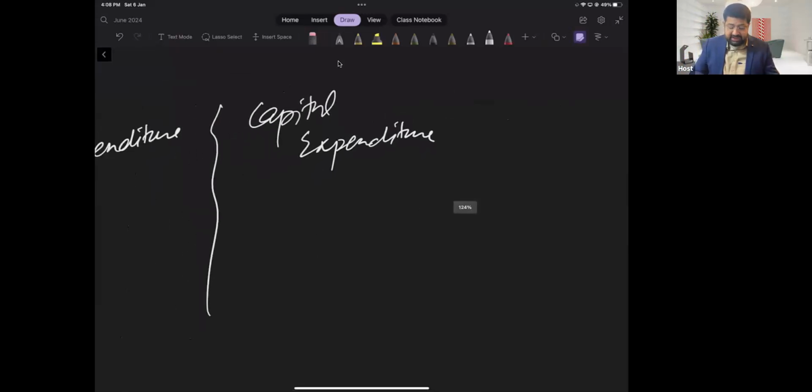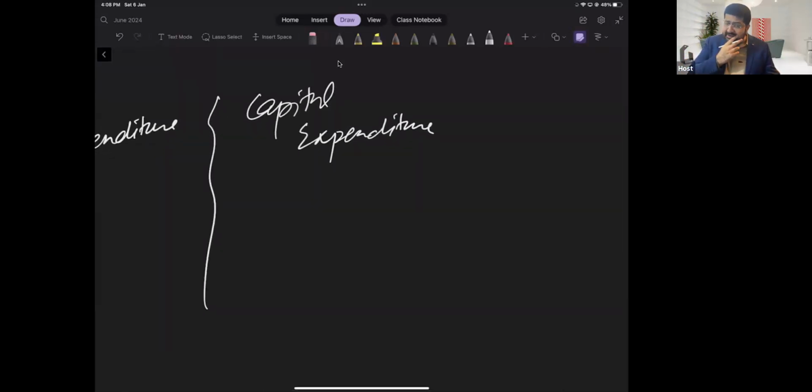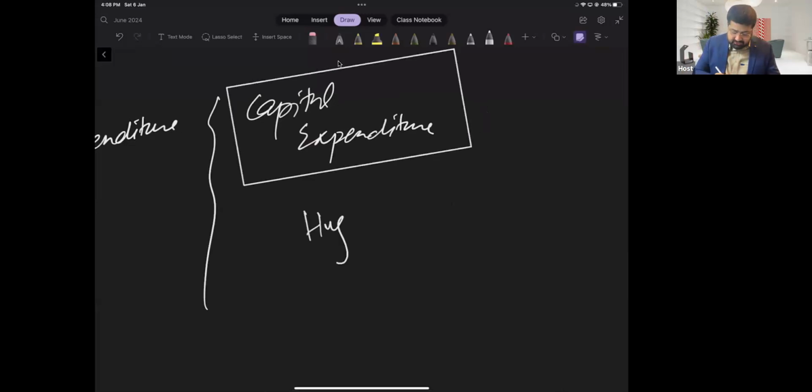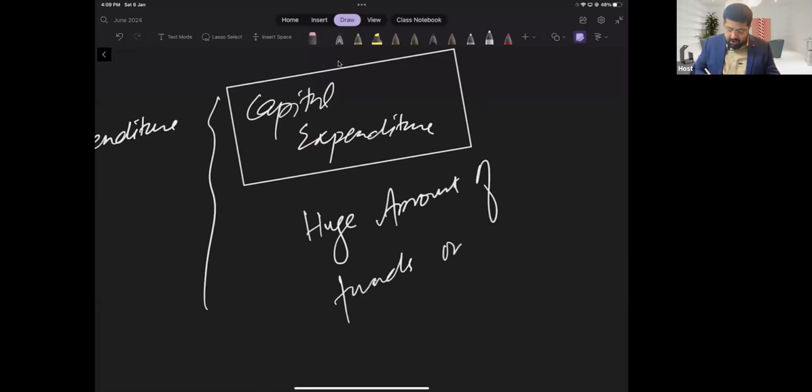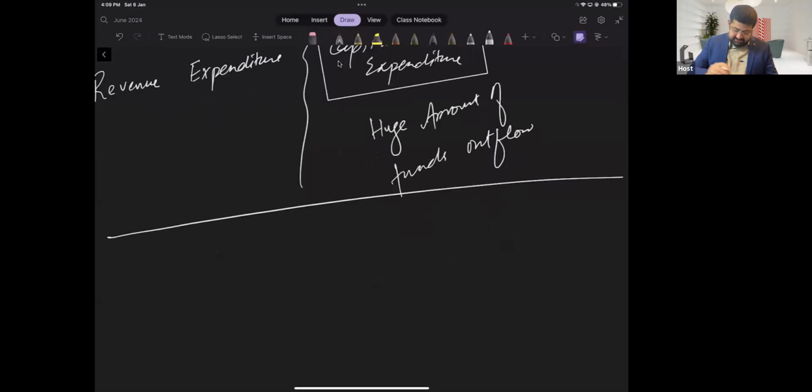We are talking about that today. Capital expenditure is a huge amount of funds outflow, and it will have a significant impact on the cash flow and financial position of the company, on the liquidity of the company. Funds have opportunity cost, so that's why it is required that you evaluate well.